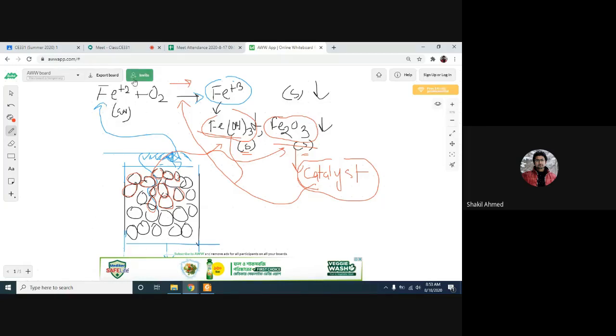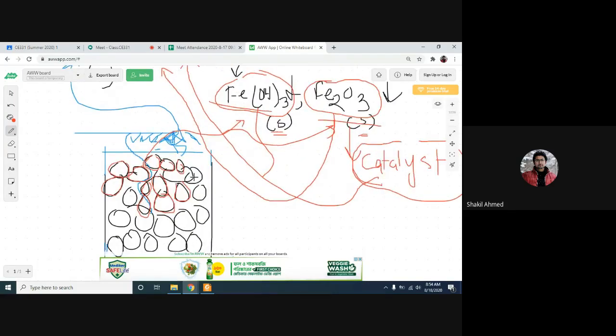More and more ferrous will be converted into ferric, so your removal process will be faster. In other words, these ferric forms will expedite the reaction rate. This is interesting: what you are getting is eventually helping you to get more and more ferric form.